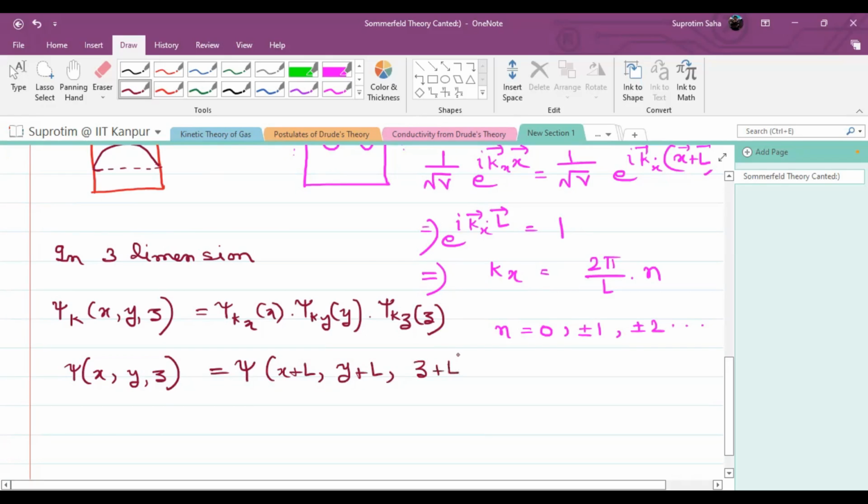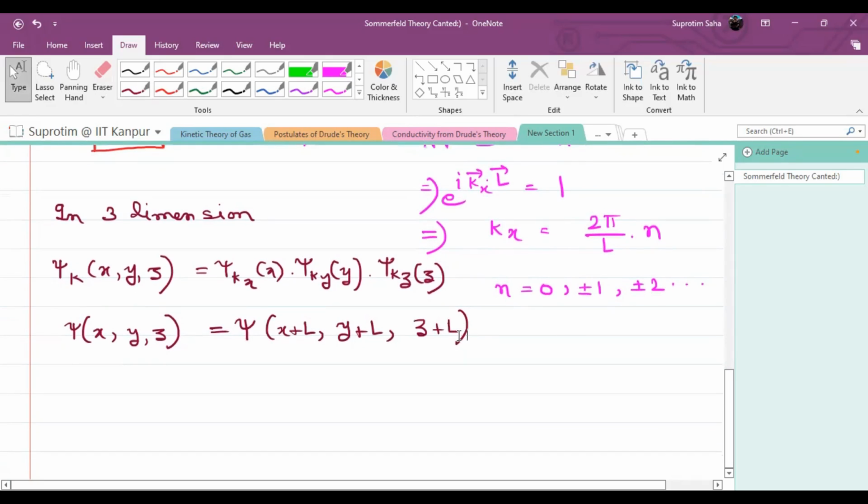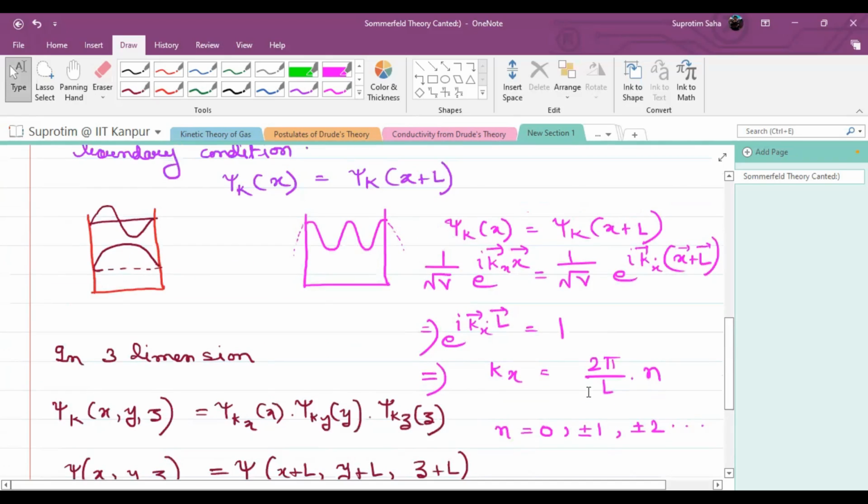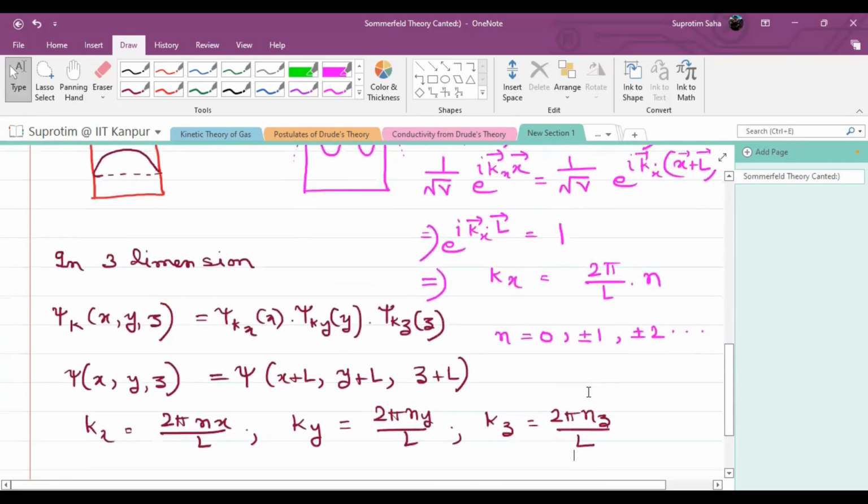We considered that the box was symmetric, so in each dimension the length is L. So k_x will be 2 pi n_x over L, and similarly k_y is 2 pi n_y over L, and k_z is 2 pi n_z over L, because the three dimensions are isotropic, so they are not dependent on each other.